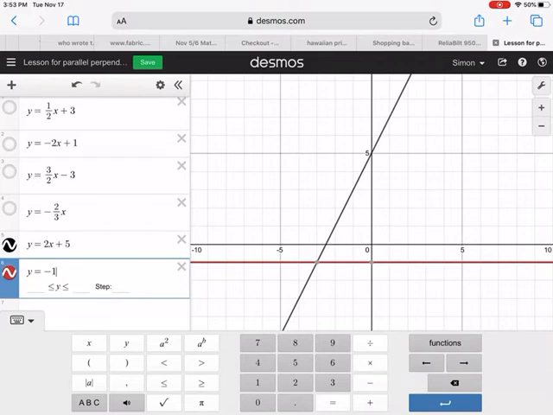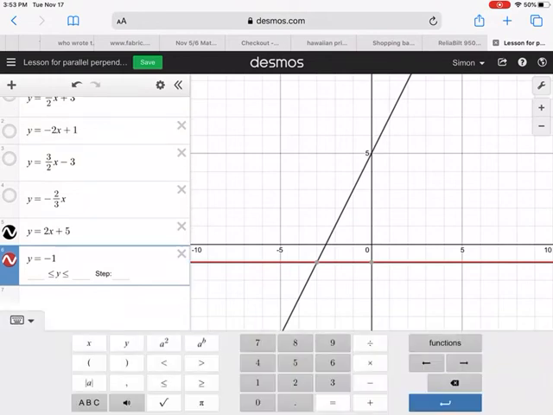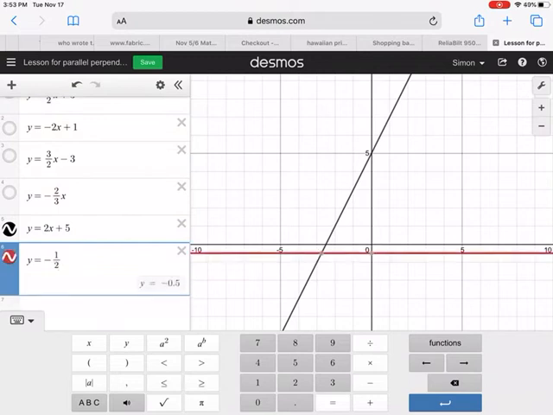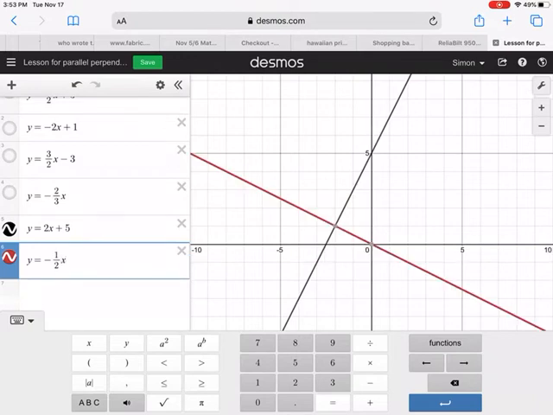I'm on an iPad, I don't know how to do a fraction. And what you can see right there is I just typed in y equals -1/2 x, and I don't even have a y-intercept typed in, so the default would be 0, and so that's perpendicular.